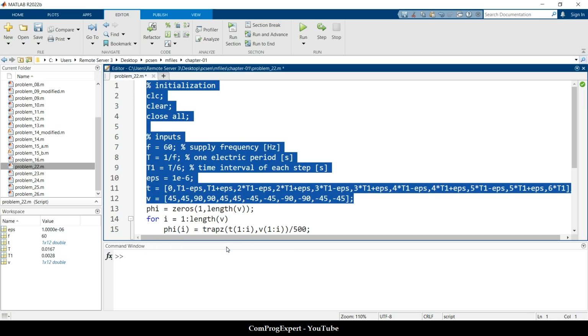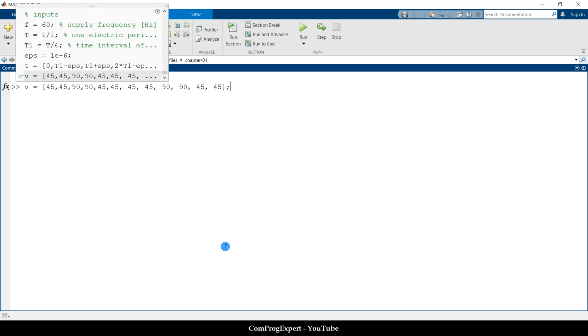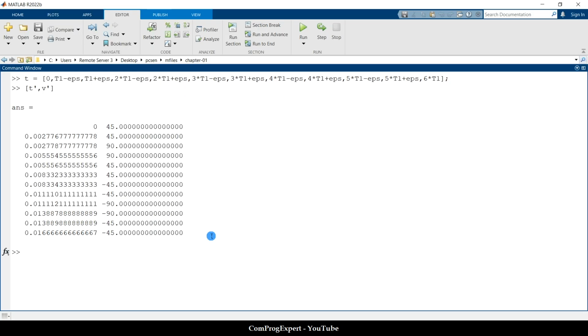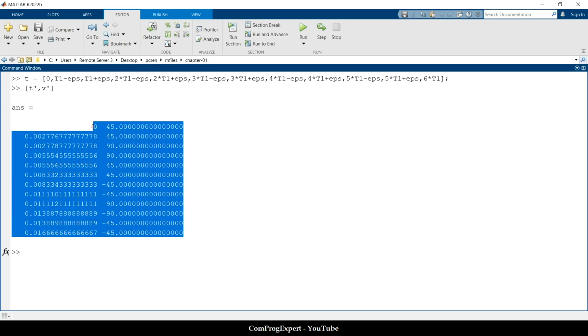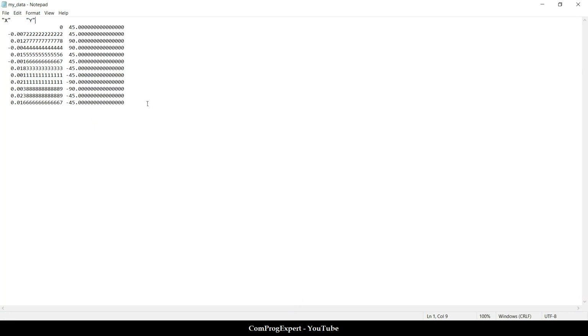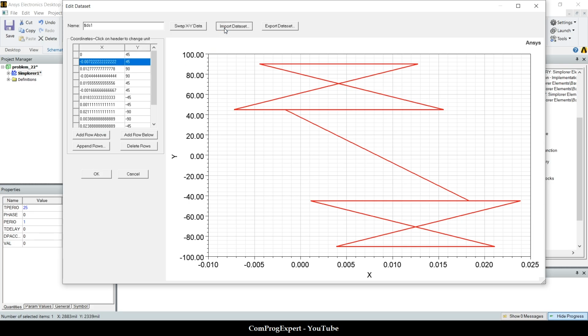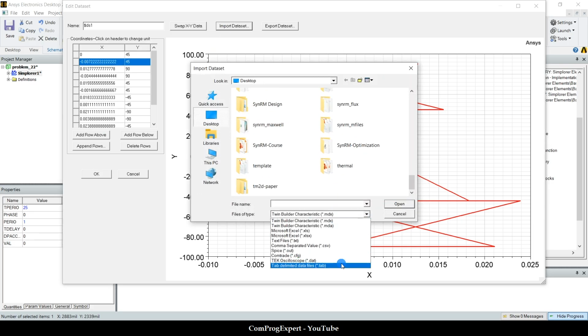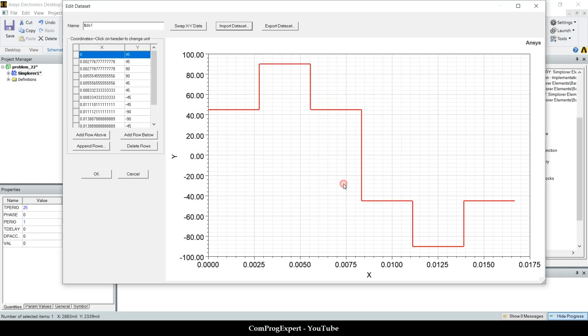Run the code again and construct this data. Again, I can copy and paste it here. Now let's import the data set. Tab file, my data.